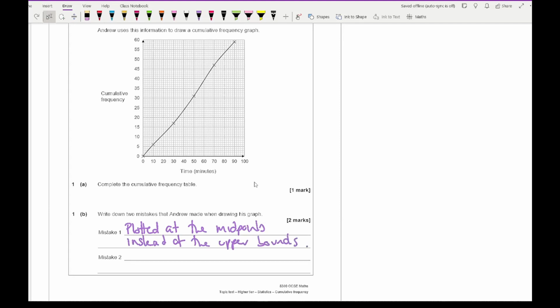And his second mistake is that 34 has been plotted at 32. So again, a mistake that he's made for this point here.